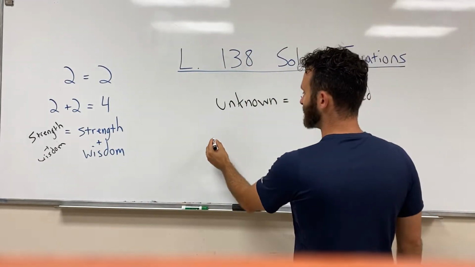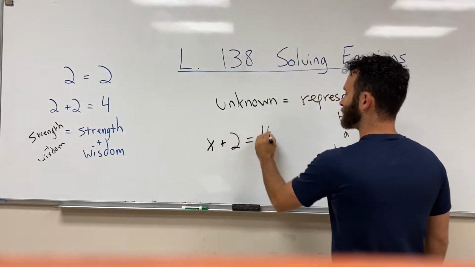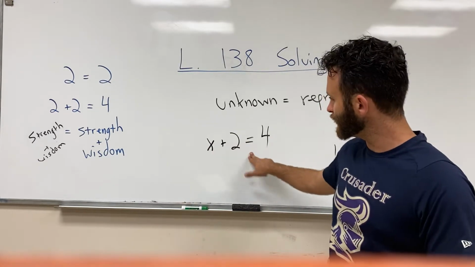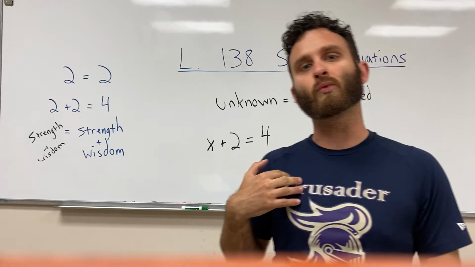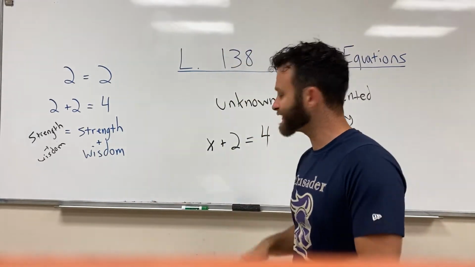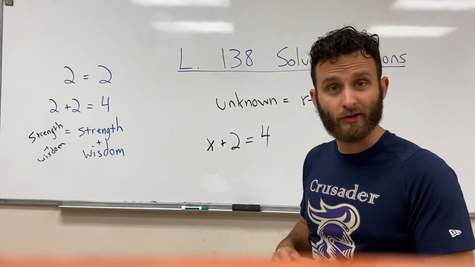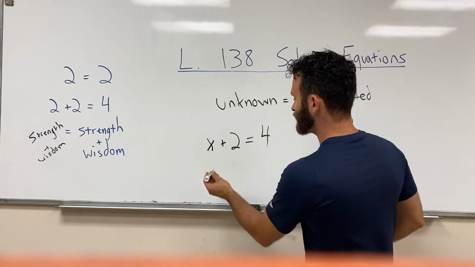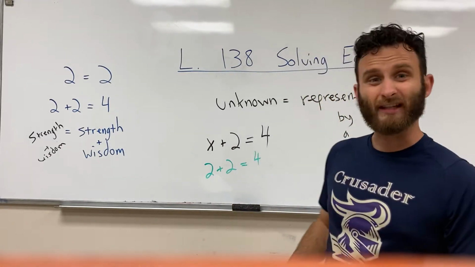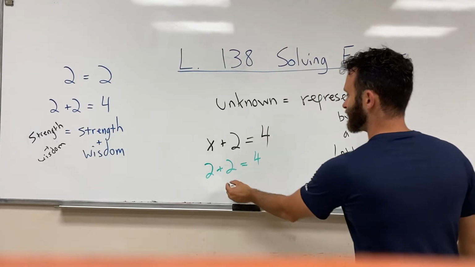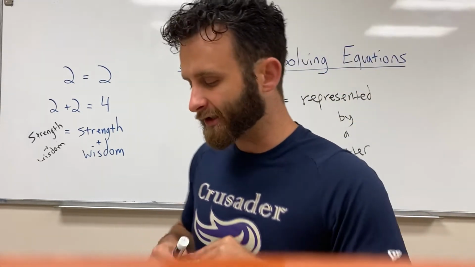So if I have an example here, x plus 2 equals 4. So we don't know what x is. What number would we plug in to make x an equal number that would make the equation equal? Well, we know that 2 plus 2 equals 4. So actually the answer would be x equals 2, okay?